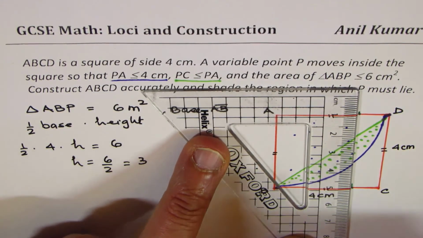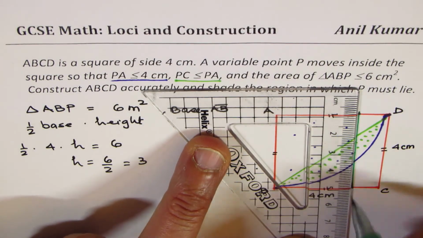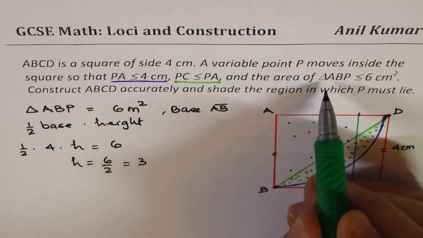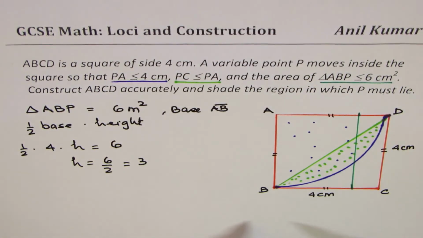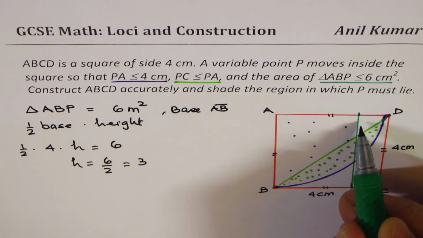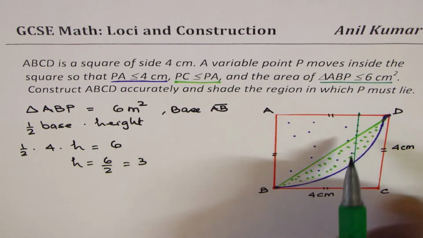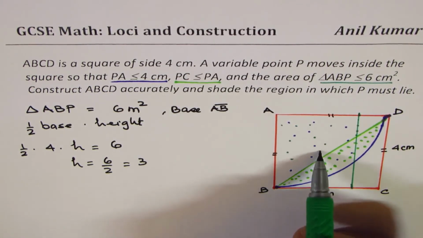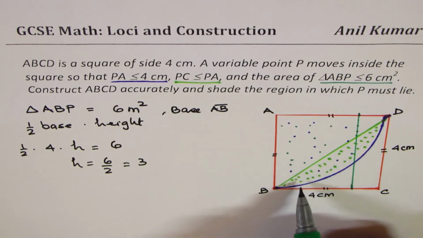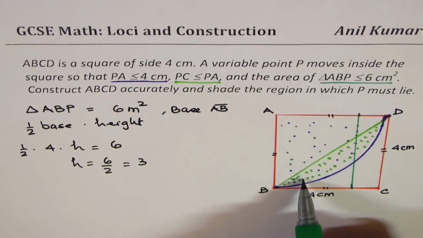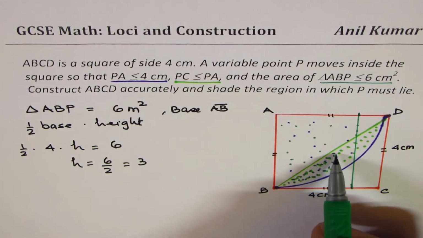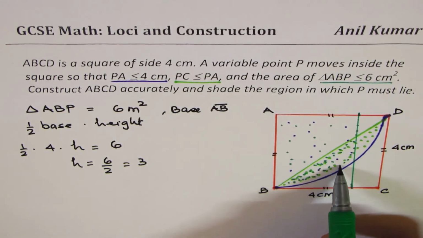So point P could be on this line since it is less than equal to. So anywhere on this line point could be, or it could also be somewhere there, right? Now since we have already converged to that portion, we are now looking for the point in this particular portion. Do you get an idea, right? So that becomes the solution.